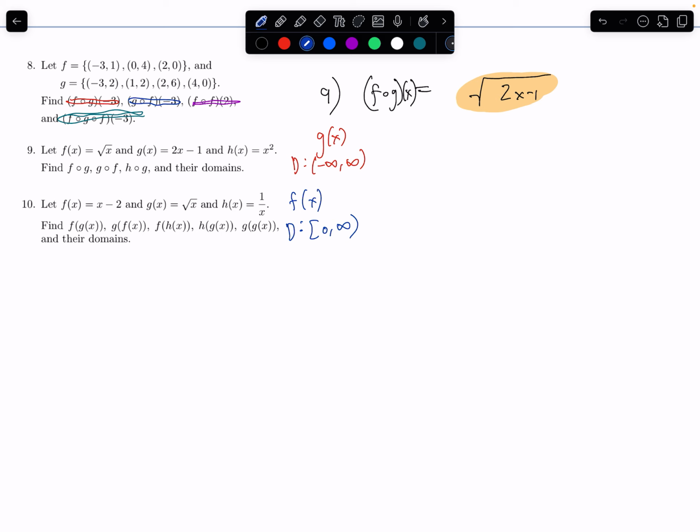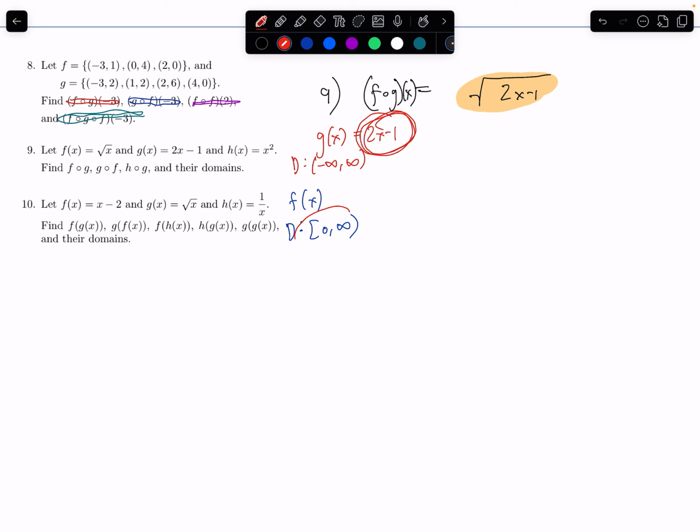Okay. So amongst the things that are in g of x, when do the results from my g of x function fit into this category? So remember, g of x was 2x minus 1.